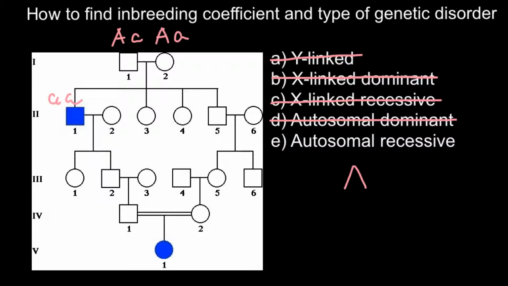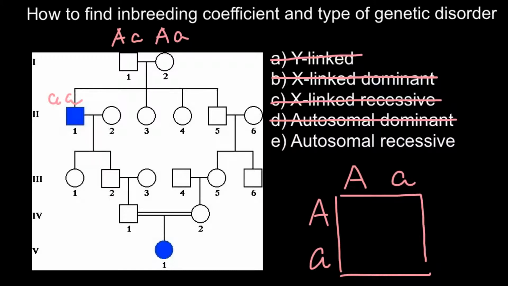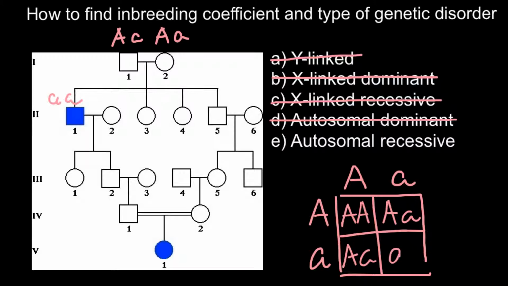So if both parents are heterozygous and phenotypically normal, they would have 1 out of 4 chances to have affected progeny.